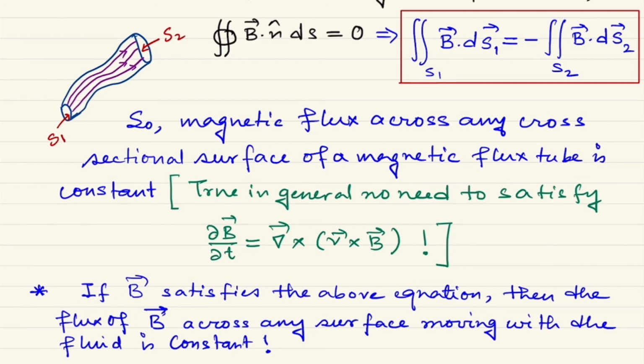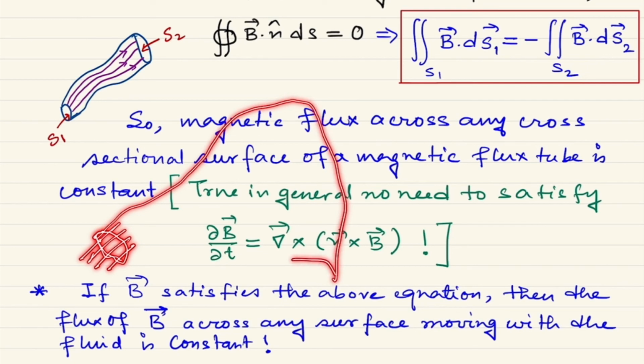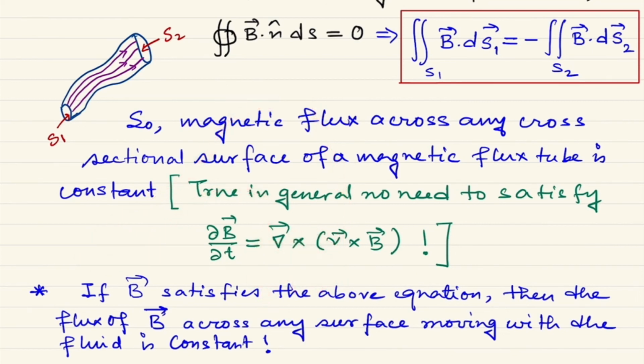If you start with a surface over here, calculate B dot dS and take the integral over this surface, then this surface with the fluid flow now comes here. Now you calculate again the integral of B dot dS. The question is whether this will be equal. Yes, for that to be equal, B has to satisfy this magic equation.